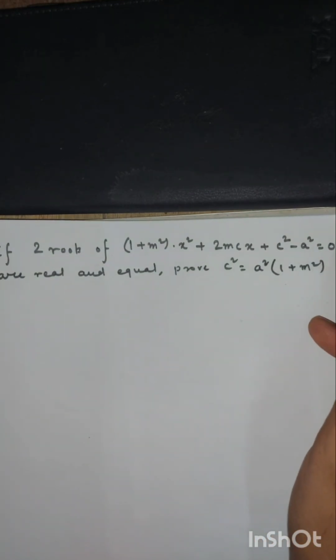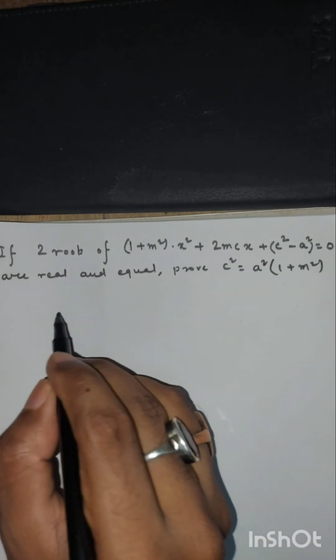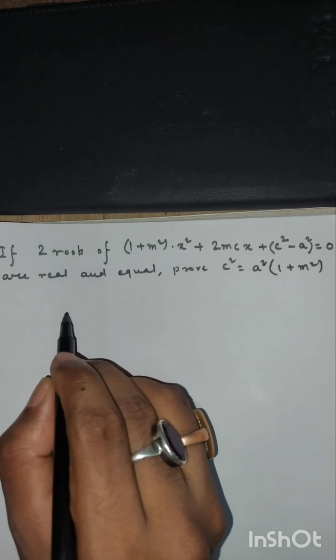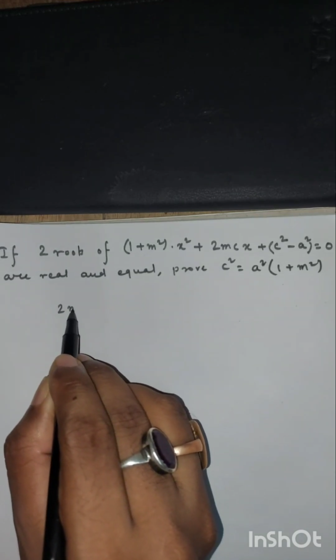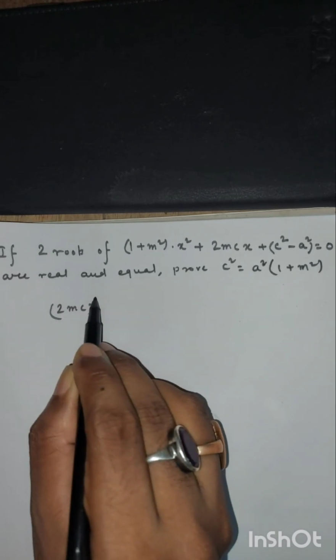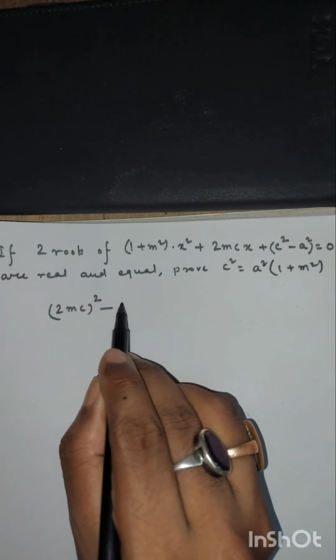Okay, so I have written the information. Now let us find the discriminant of this equation. So the discriminant part is b square, that means 2mc square minus 4ac.